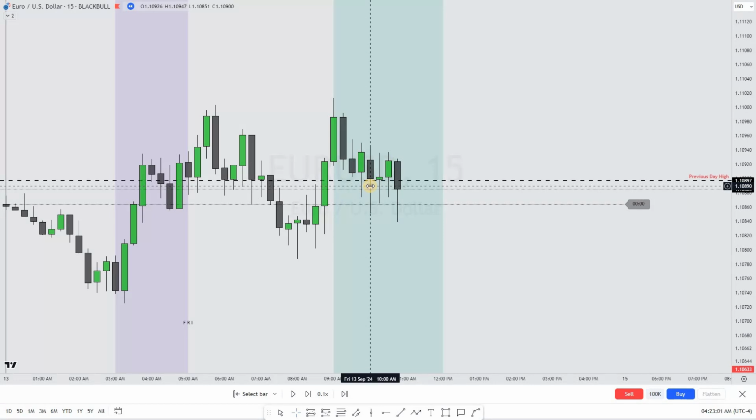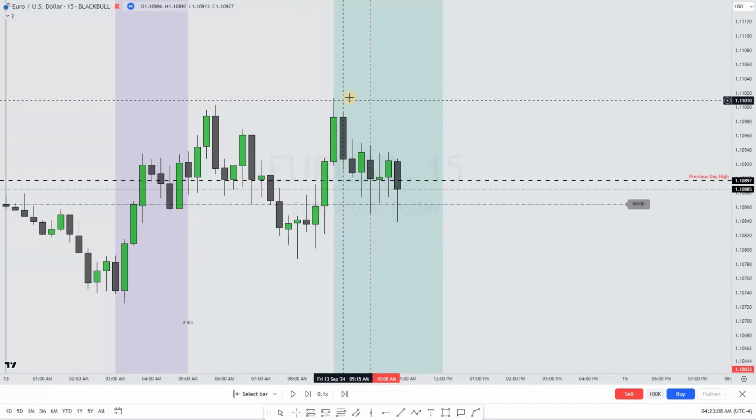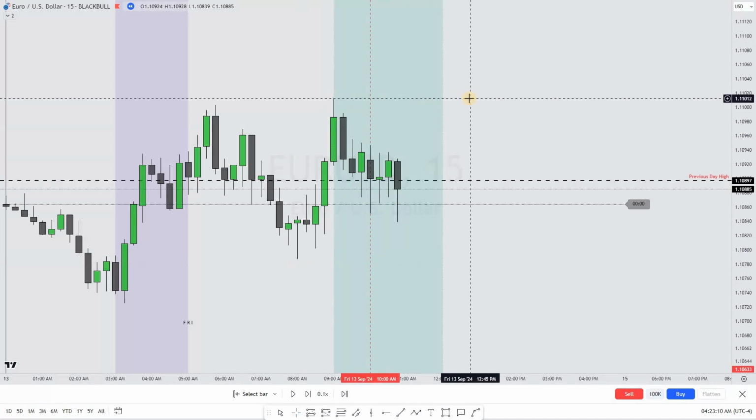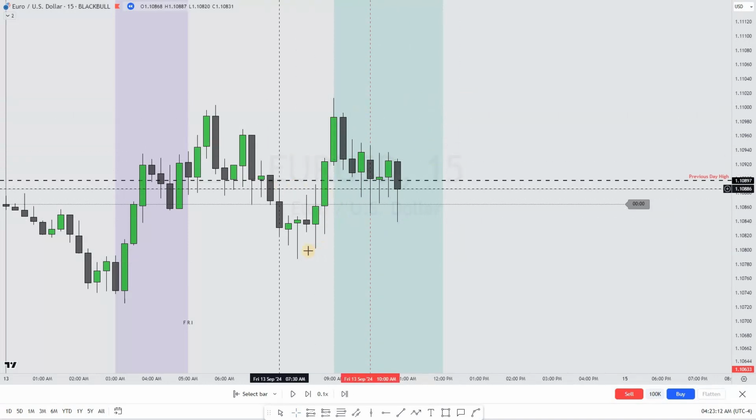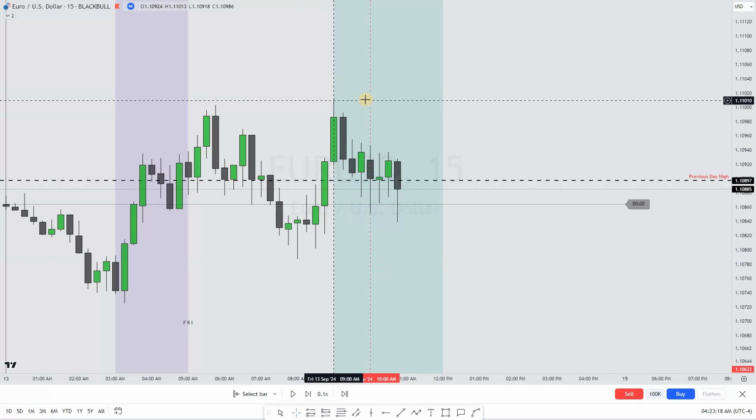What is the market trying to do here? I would trade only if price takes out this low or takes out that high. I would wait for price to commit to a certain direction, whether it's taking this low or taking that high.